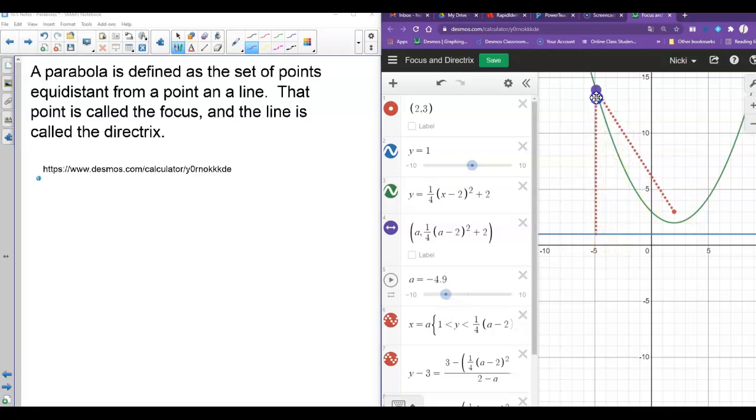If you have all of the points the same distance from a point and a line, it forms this parabolic shape right here. That is the official definition of a parabola, and that is why we are learning how to find the focus and the directrix. Because if we knew maybe these points that we needed for something, we could develop a parabola that we needed.